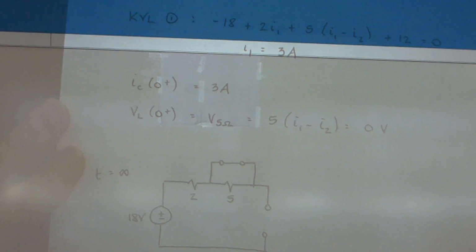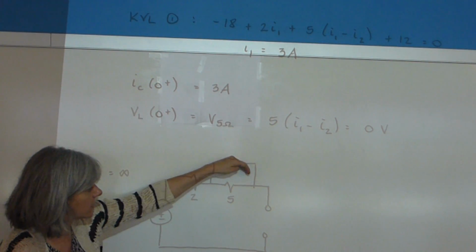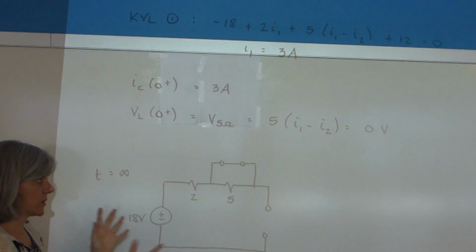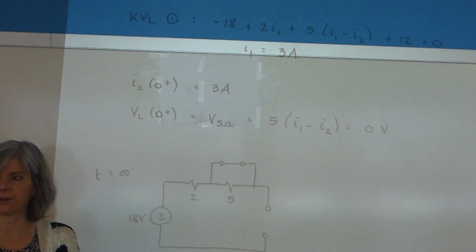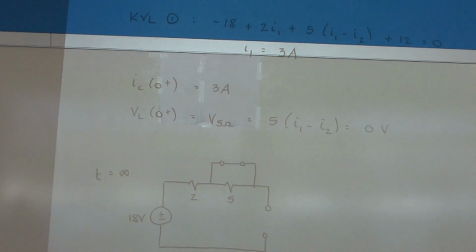So where is the current flowing? There's no current flowing, there's no complete circuit here. So we know that I sub L of infinity is 0.